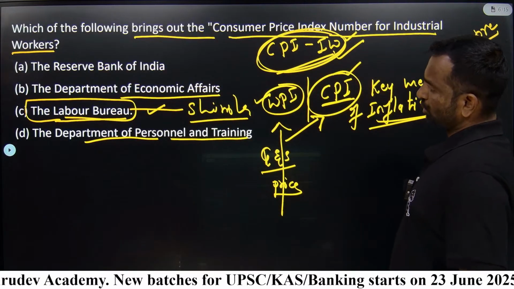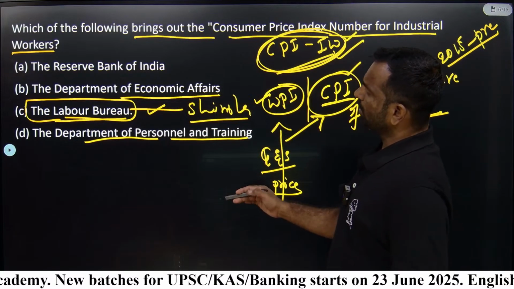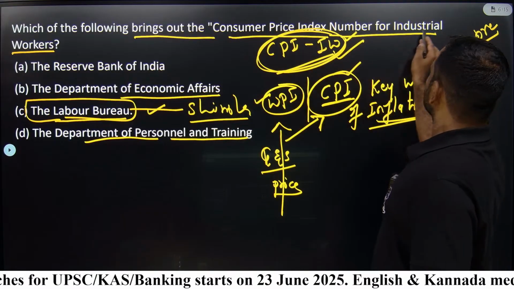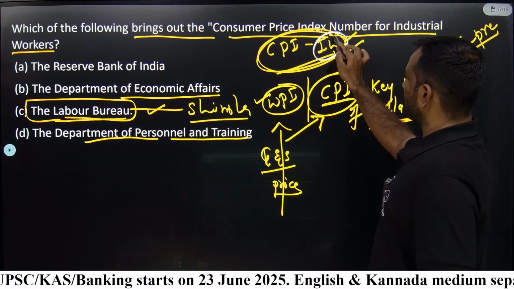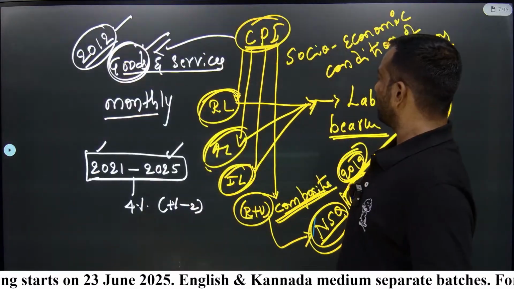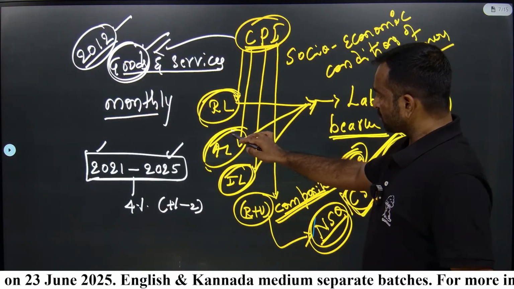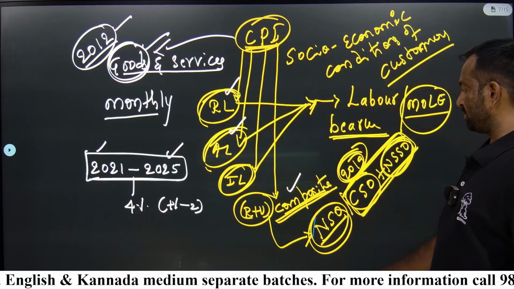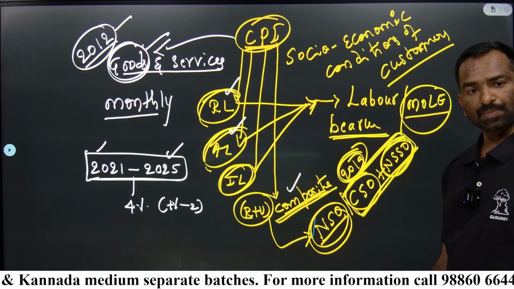Sometimes they may ask a question about CPI, now about the industrial worker or industrial labor, next time about the agriculture labor, or the rural labor, or the composite one, CPIC.